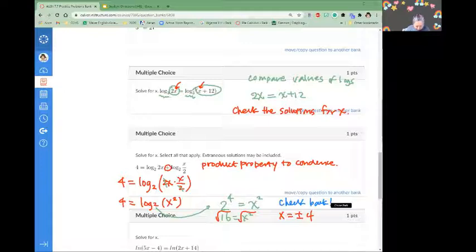Then positive 4 going in here, and log base 2 of 2 times positive 4 is 8. It's totally fine. And log base 2 of x, which is 4, divided by 2, is totally fine. But if we utilize the negative 4, that's going to be problematic. Why? Because negative 4 makes the value within the log negative.